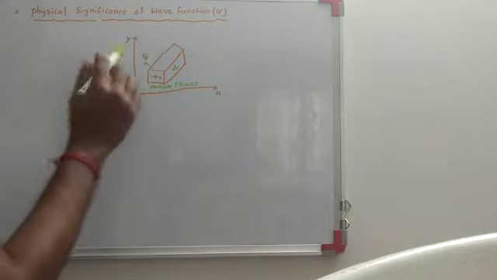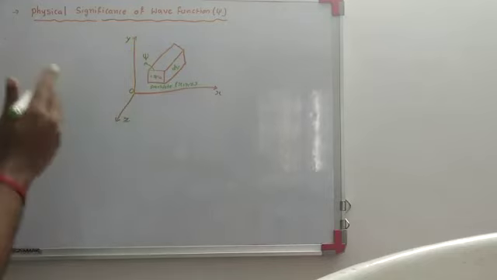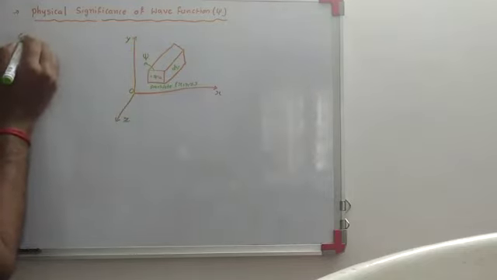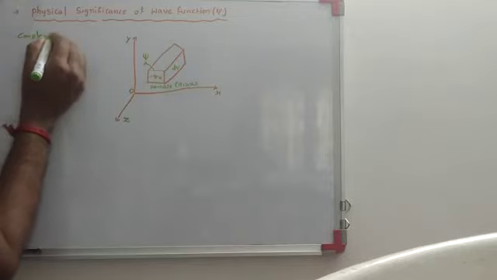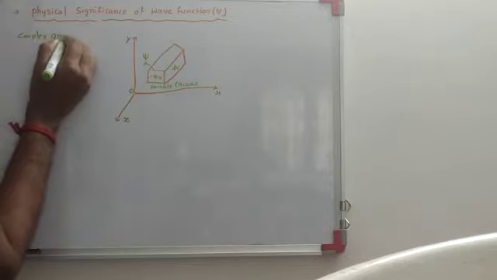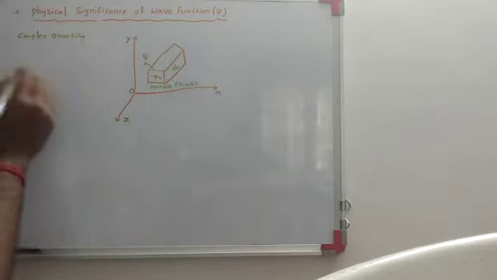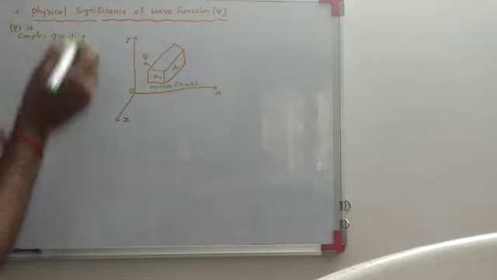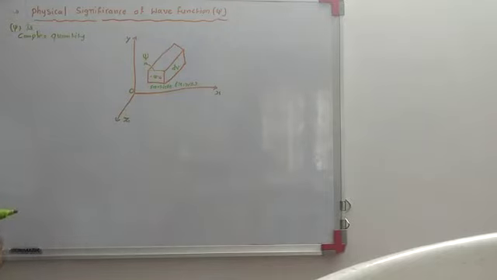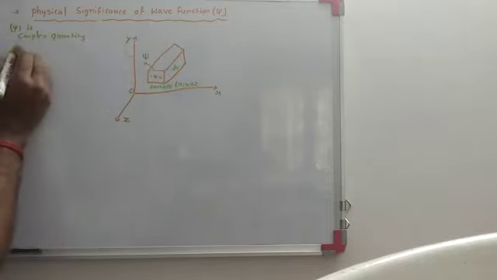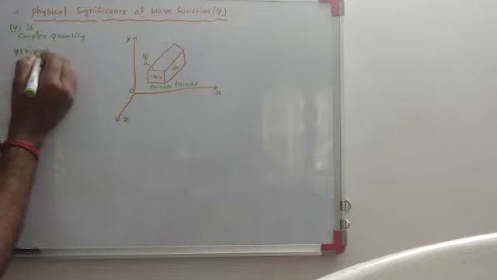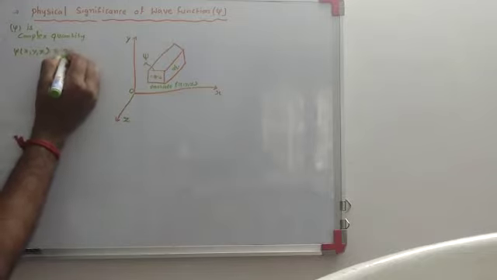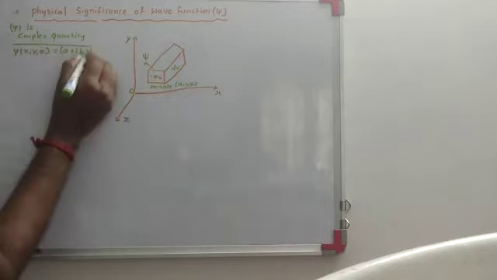Since the wave function psi is a complex quantity, it may be written as psi of x, y, z equal to a plus ib.